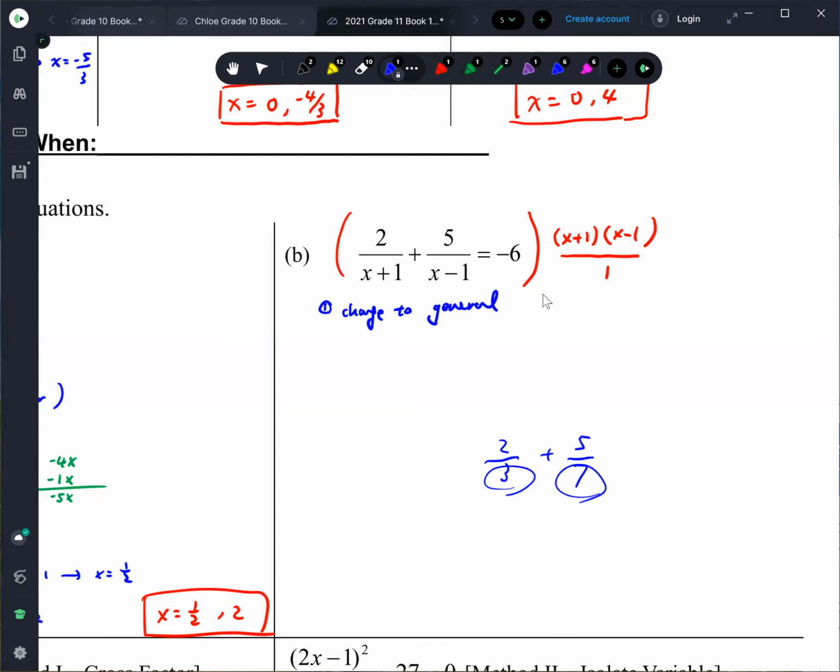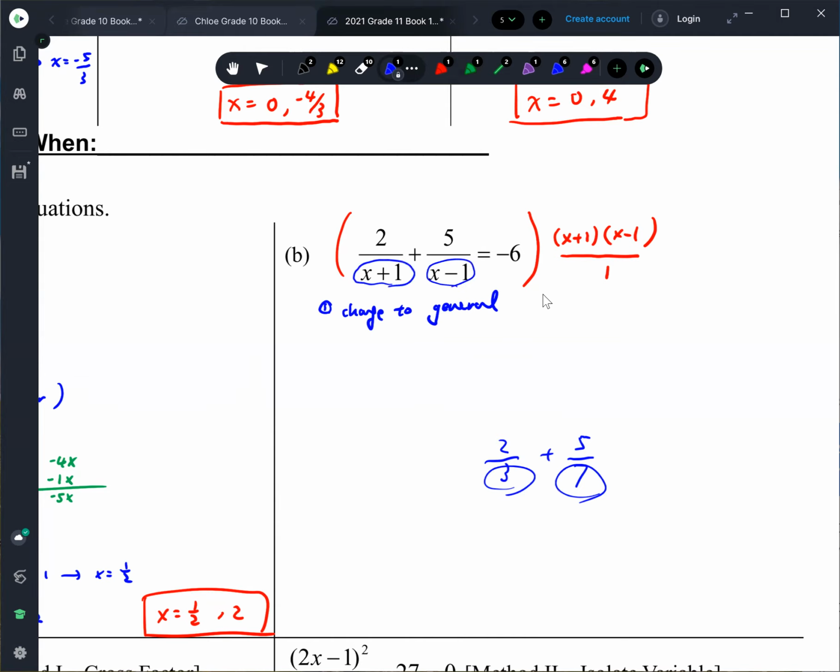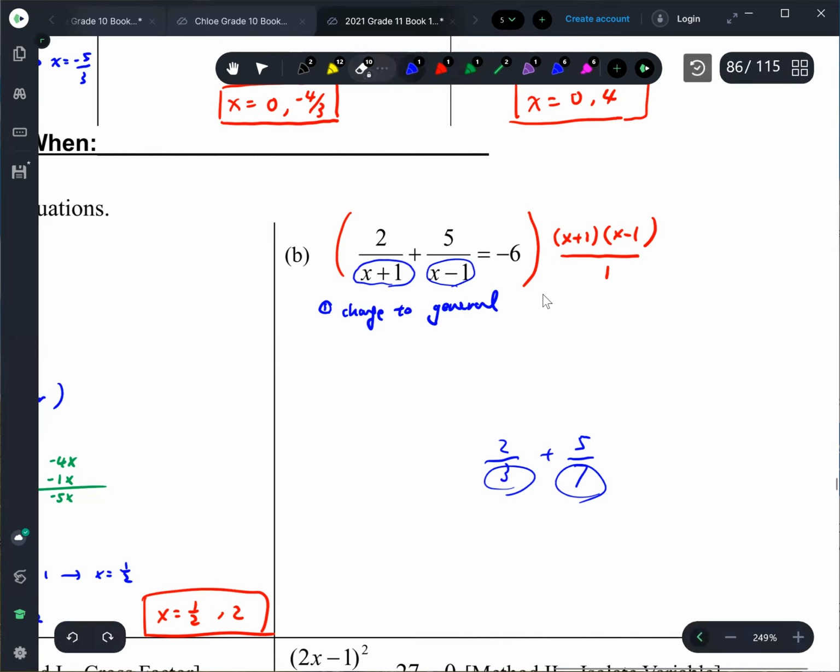So for this one, one denominator is x plus 1 and the other is x minus 1. So the common denominator is those two brackets. So you just pick the common denominator and then we multiply. All right, so we write it on the side. Multiply by common denominator. Okay, so this is the strategy.